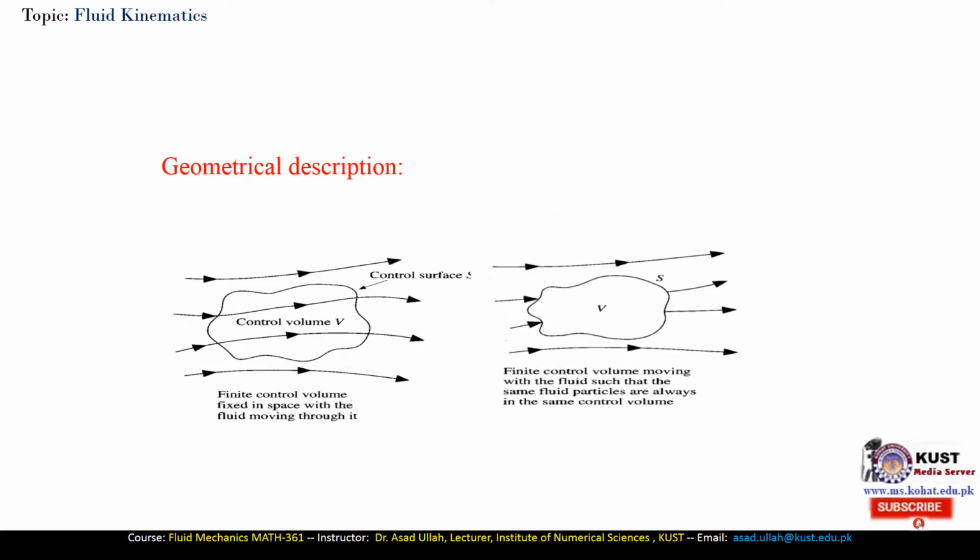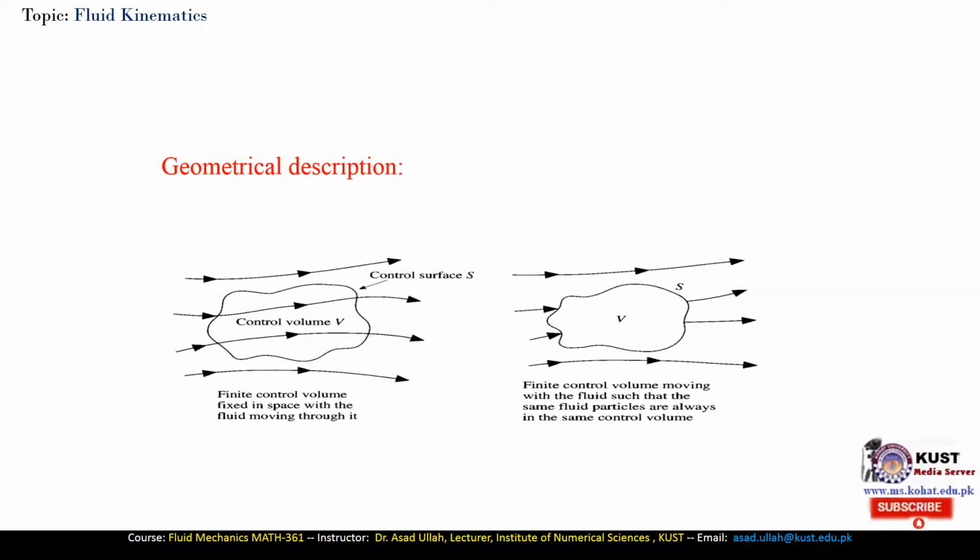On the other hand, we select a control volume, denoted by V, which has the control surface S. This control volume moves with the fluid as the fluid goes to the right-hand side. It should be understood here that the fluid inside this control volume will always remain the same.